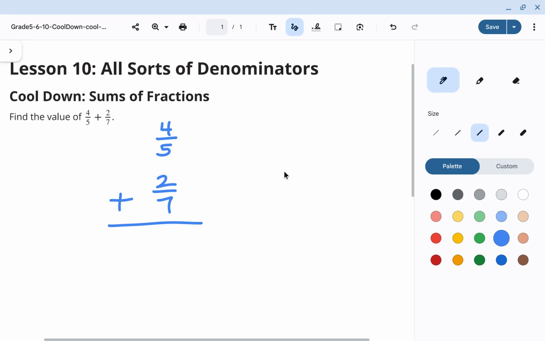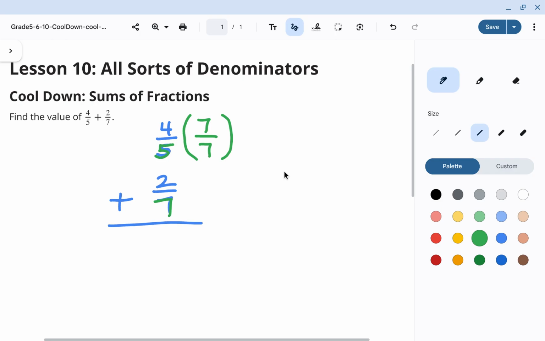You don't have to write them this way, but I like to do it this way because I am now going to multiply 5 by 7. And because I'm going to be multiplying my denominator by my 7, I know I'm going to have to multiply my numerator by my 7 as well. So I'm going to be multiplying 4/5 by this fraction of 1, 7/7.